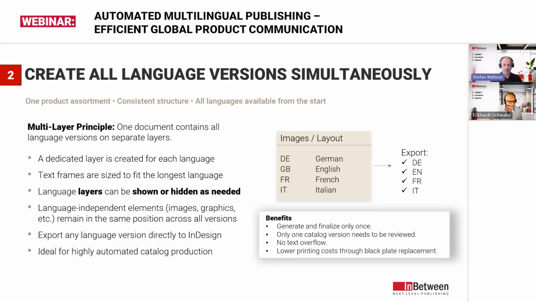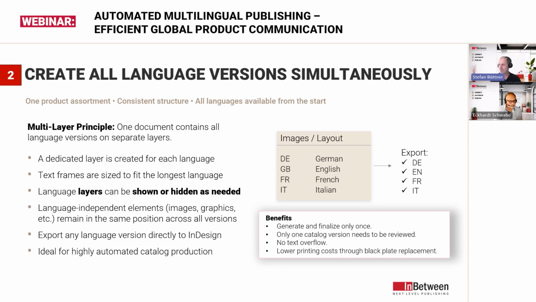So here, once again, we have a master template that contains all frames and all rules and all the dynamic we need. And then by using the multi-layer, the languages are placed on different layers. Each language gets a different layer. The text frames are sized to fit the longest language. For example, English is not a very long language.